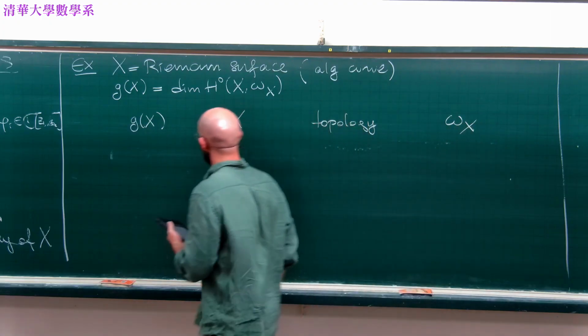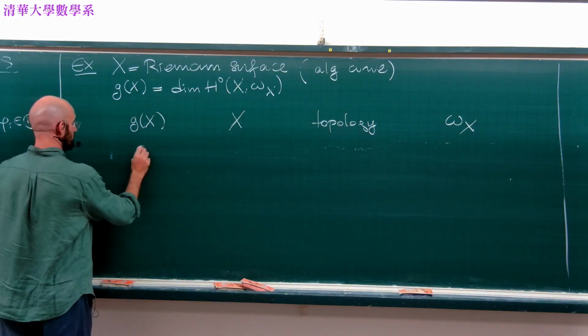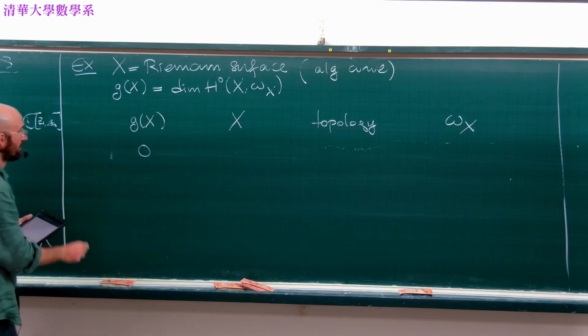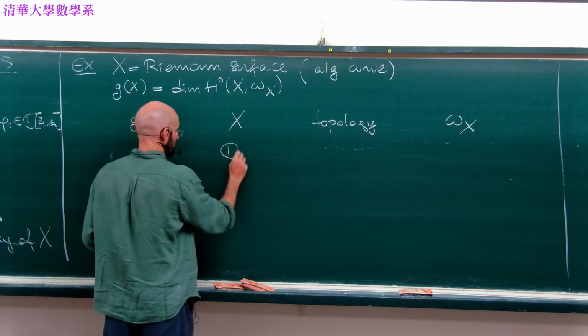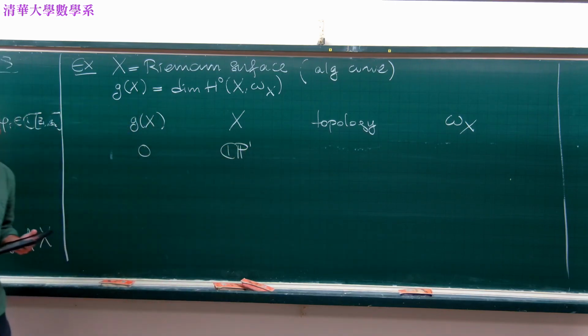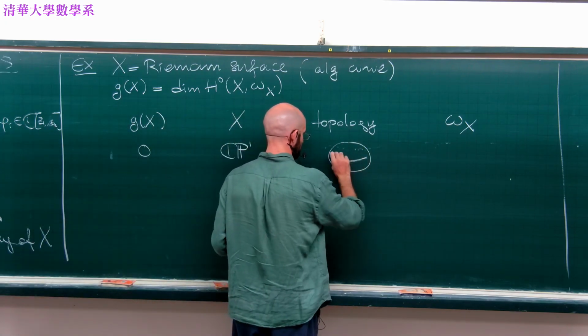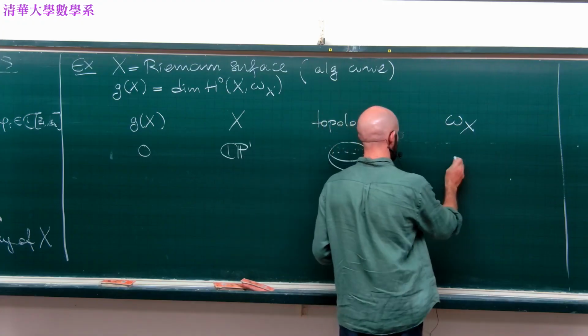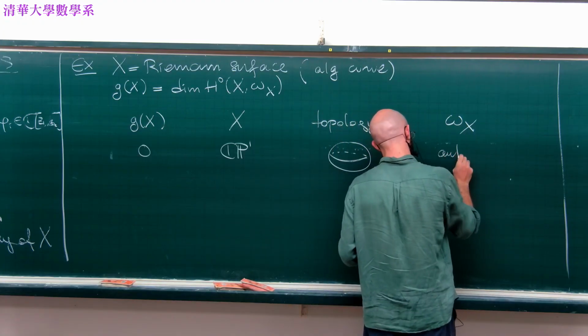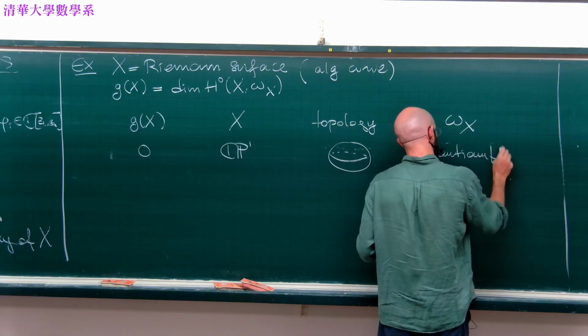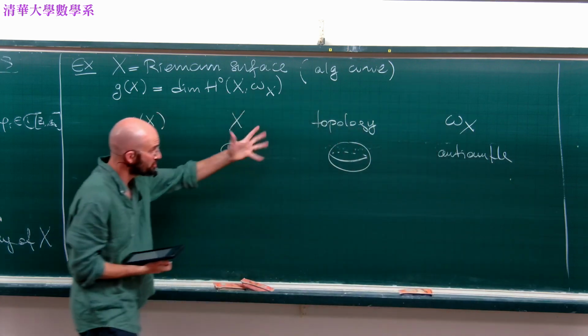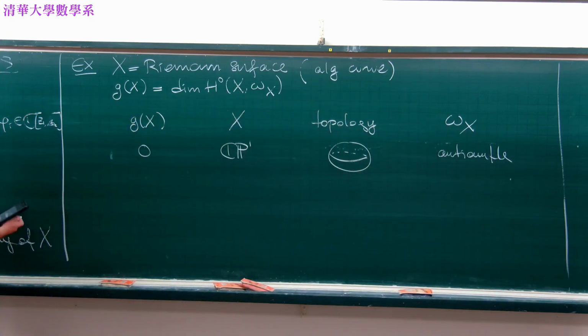So we distinguish three cases. When the genus is equal to 0, our X is just the complex projective line. Topologically, this is just a sphere, and omega X is anti-ample. So it's very negative, meaning the dual will induce an embedding in projective space.